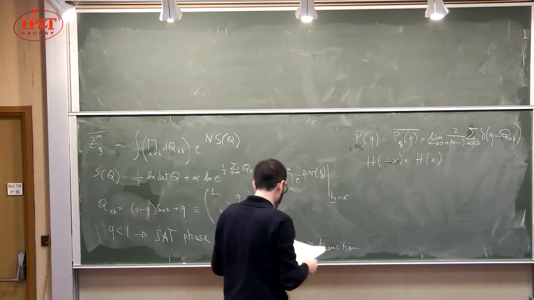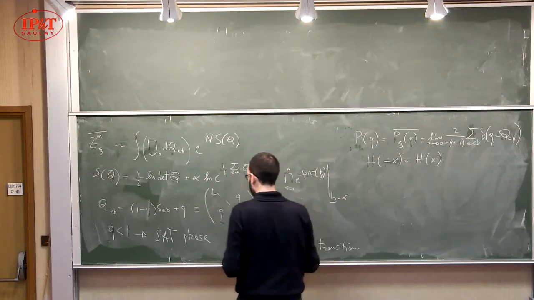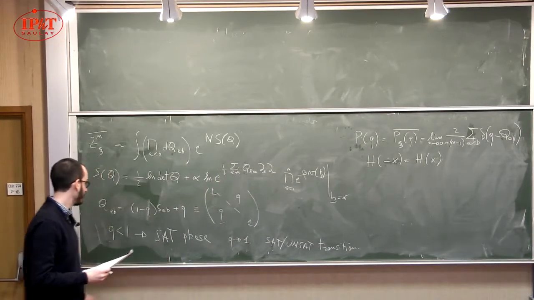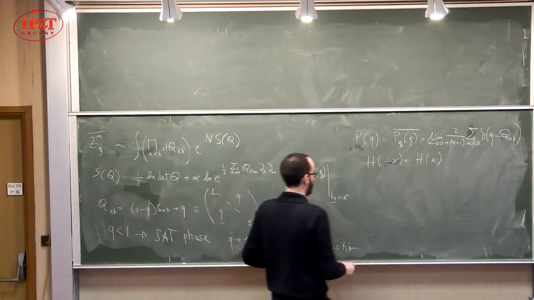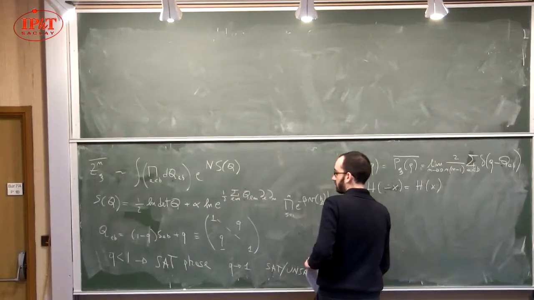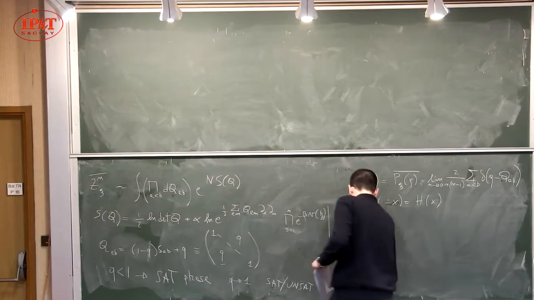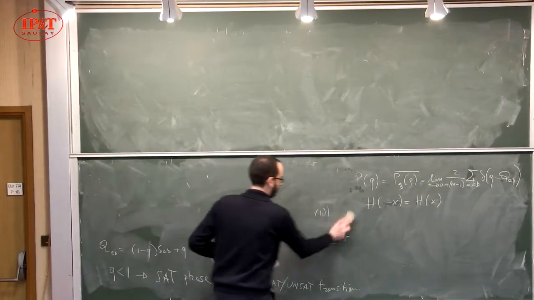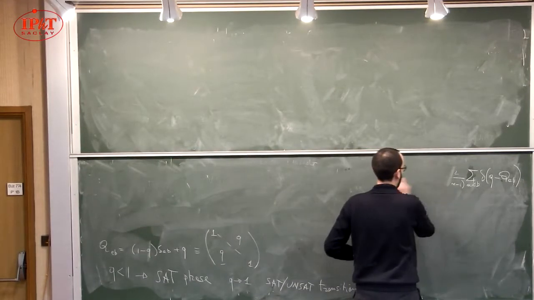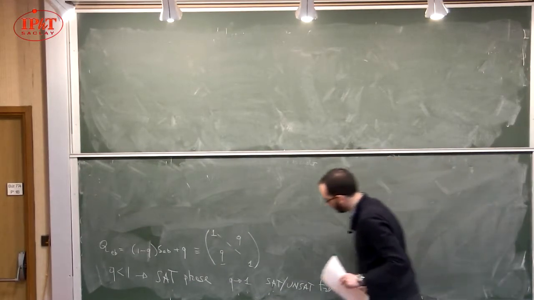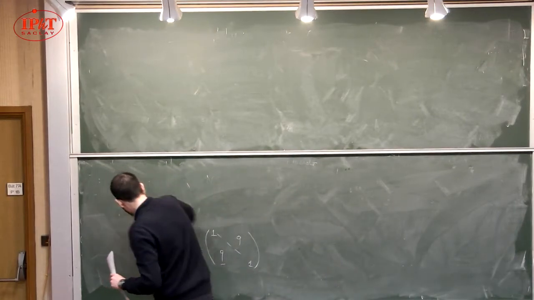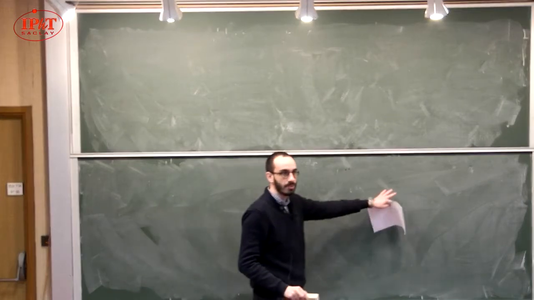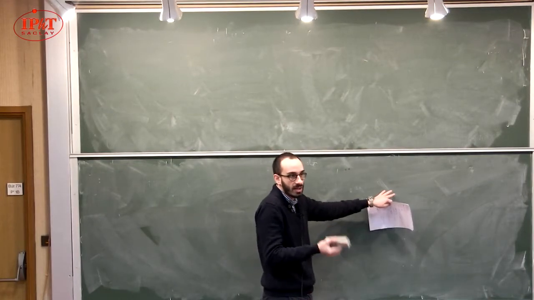Okay, so now what I would like to do today is to study what happens in the Unsat phase, okay? In particular, the P of q is not symmetric, and in our case it's not symmetric, right?